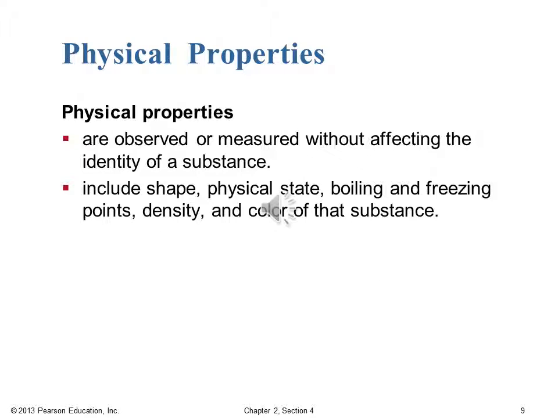Okay, so if we're thinking about physical properties of matter, whether we're talking solid, liquid, or gas state of matter, the physical properties are observed or measured without affecting the identity of a substance. Again, if it changes the identity of that material, then it would be a chemical property. Common physical properties would be shape, physical state, which we just talked about, solid, liquid, gas, and changes between those states, boiling and freezing points in particular.